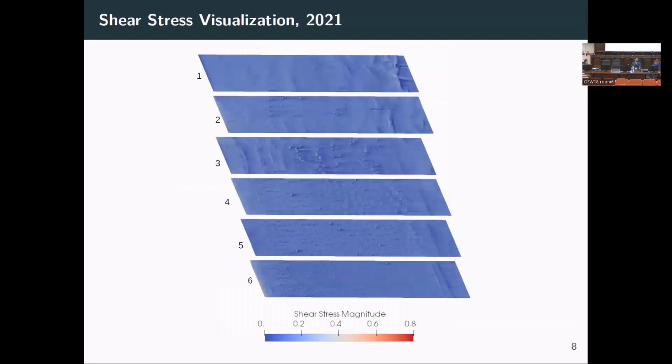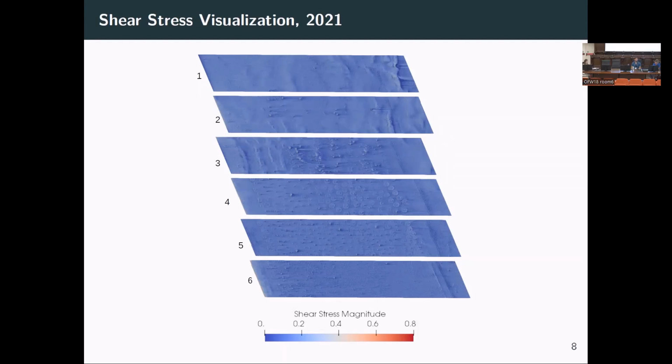And this is what the shear stress looks like for those 6 simulations. This is the topography. I don't know if I mentioned earlier, the topography was measured using really high resolution photogrammetry, so the ground data set has about 10 centimeters spatial resolution.